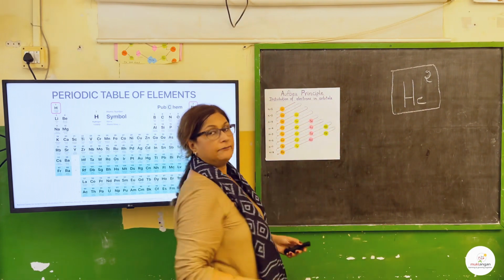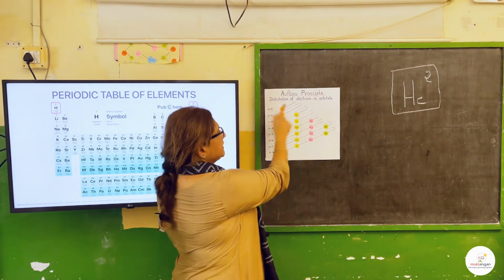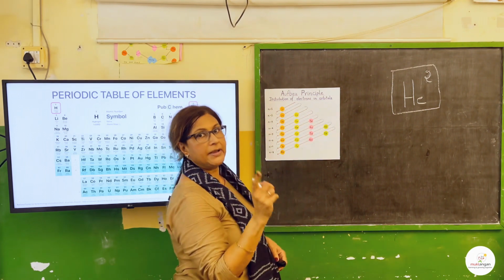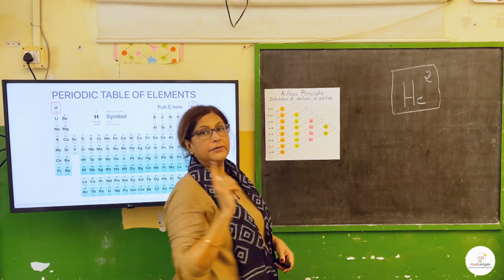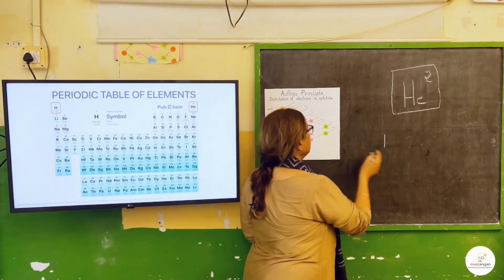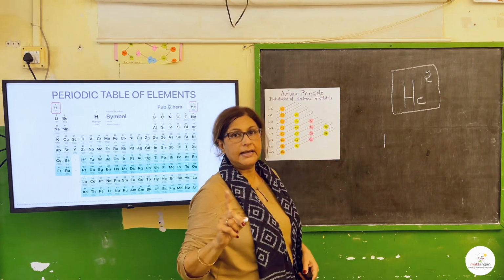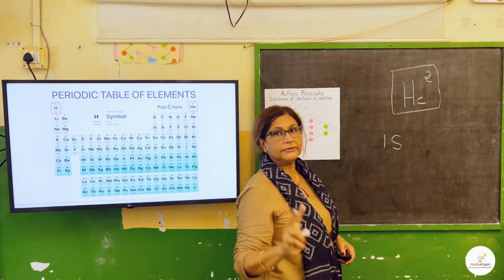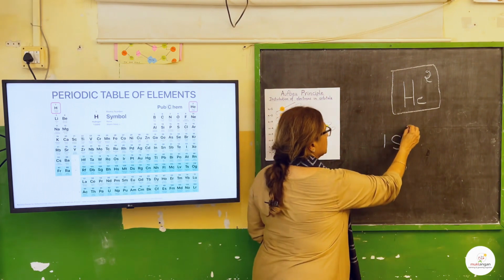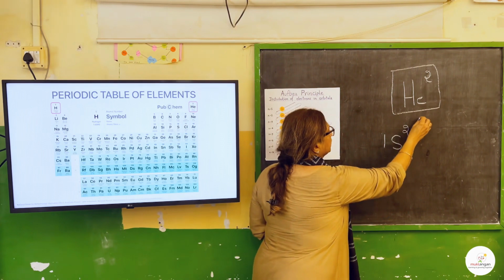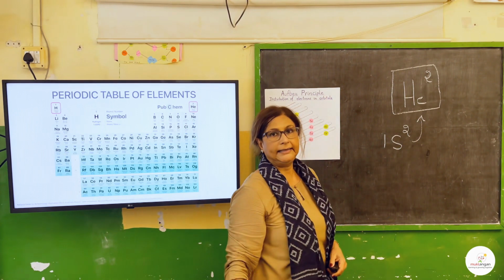Again looking at the Aufbau's principle, helium is still in period 1 with 2 electrons. Remember, we start from the very beginning, so we start from period 1. Helium is an s block element, so we write s. And how many electrons does it have? 2 electrons. So we write 2. 1s2, this is the electron configuration for helium.